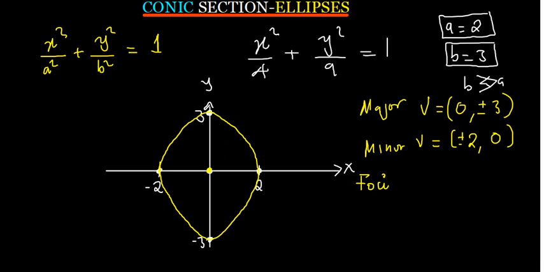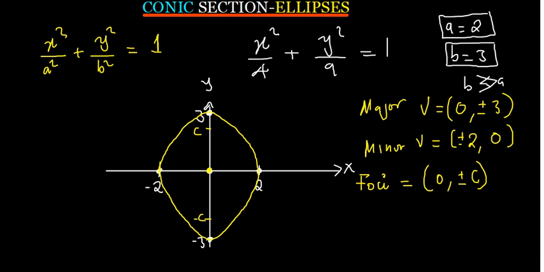Since the major axis is along the y, the foci is going to be 0, comma, positive or negative c. So it's simply c units from the center, and it should be along the major axis.